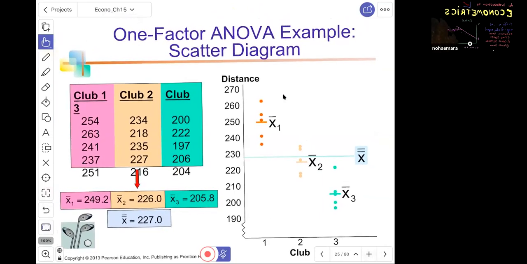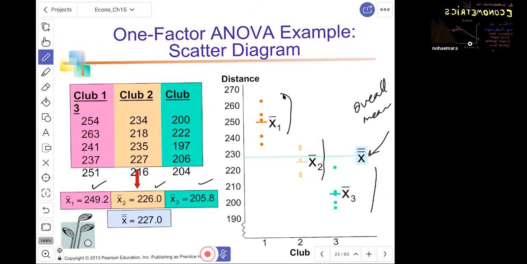So we have an average for each club, this is club 1, club 2, club 3, and the X double bar is the overall mean, which is the mean of the 3 clubs and 5 different treatments. So we have a mean for each group, and then the overall, the big one.